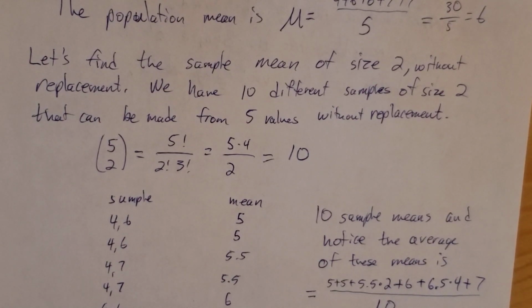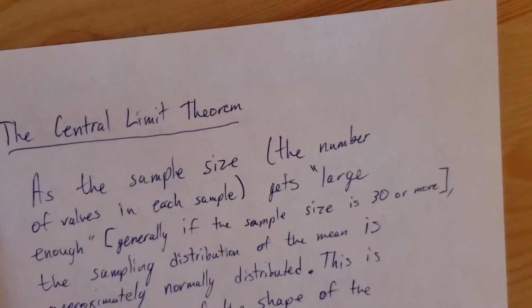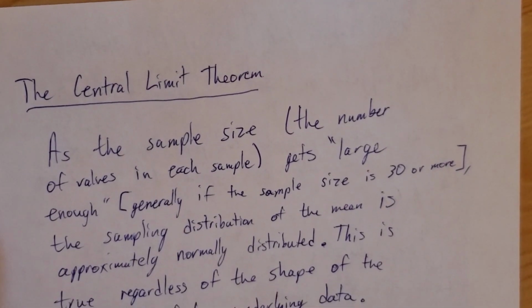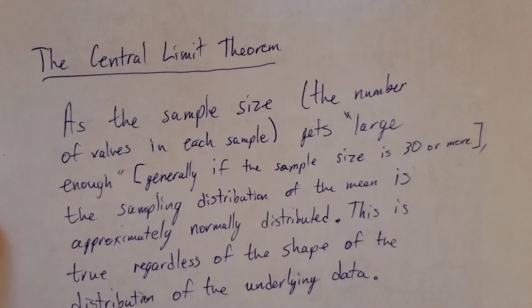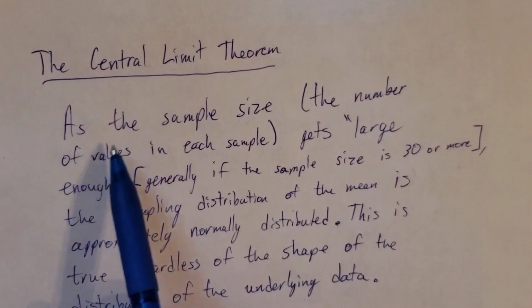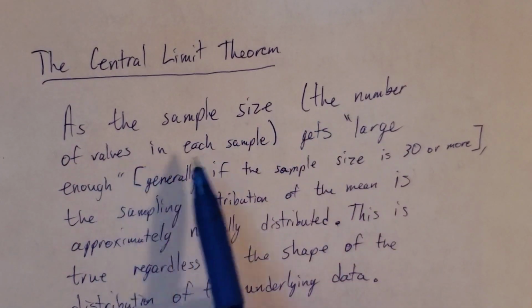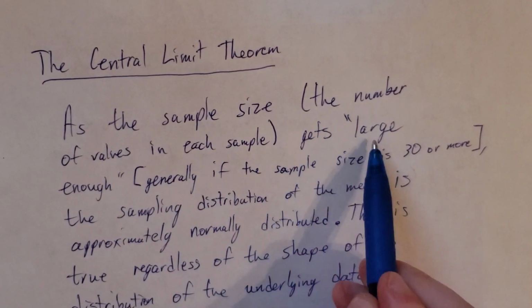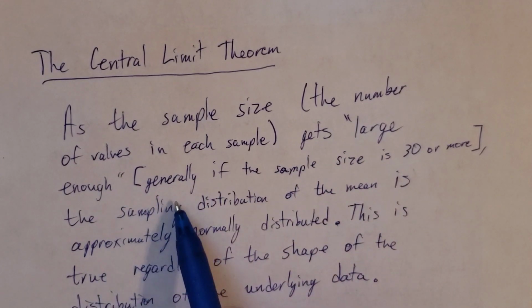Now, why might that be important? Well, let's look at the last bit of this video, which is discussing the central limit theorem. It turns out, as the sample size, so the number of values in each sample, gets large enough, and what do we mean by that?